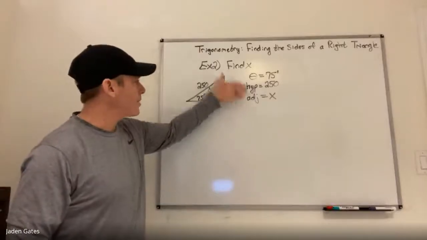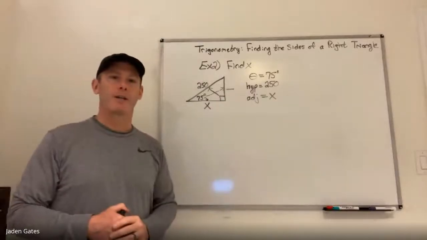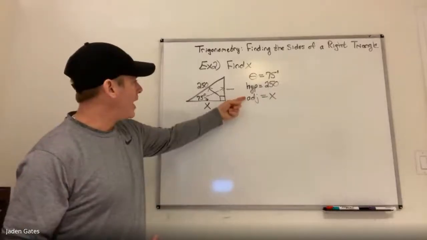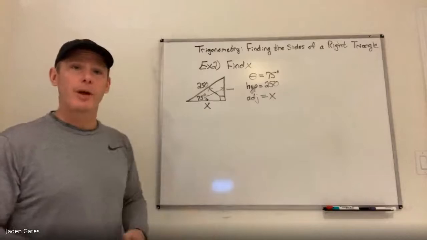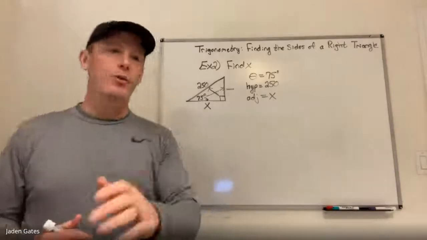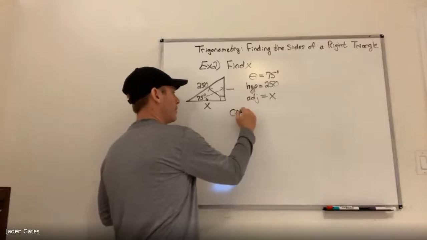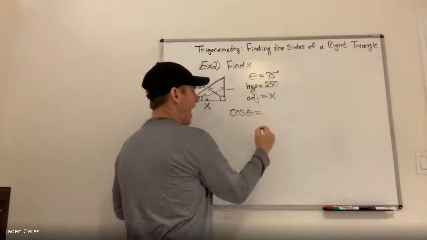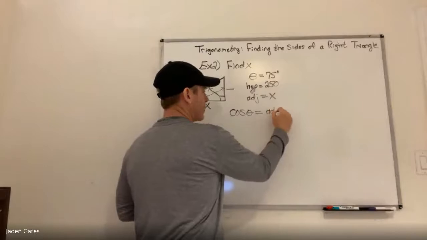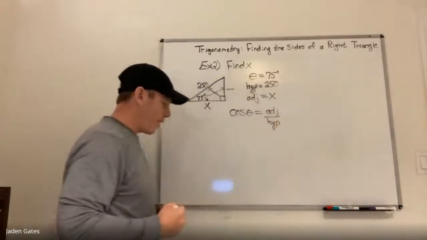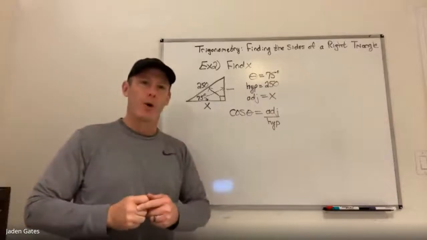On is the opposite. I don't even have the opposite, so it can't be sine. The next one, cozy at home. At home, I do have the adjacent and the hypotenuse. So I have to use the cosine ratio. So I have cosine theta, cozy at home, adjacent divided by my hypotenuse. So there we go. I figured out which trig ratio I have to use.